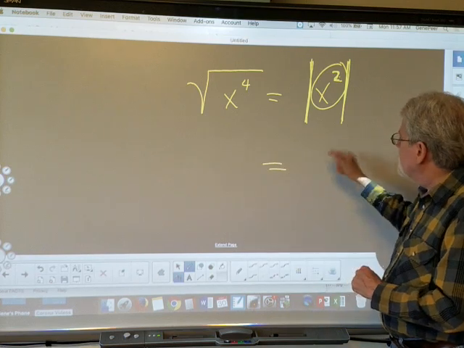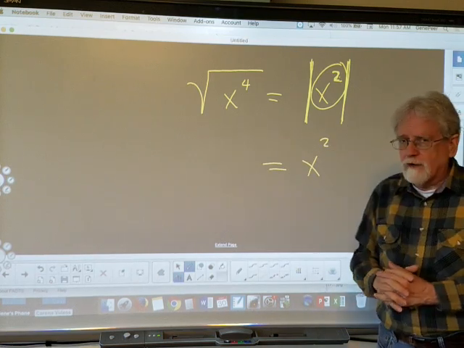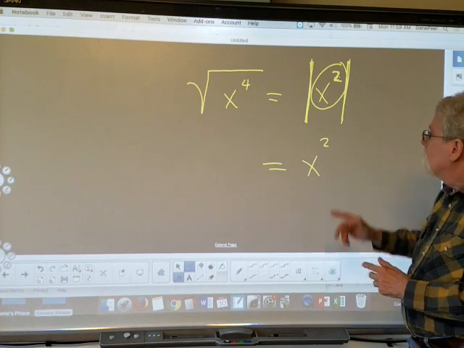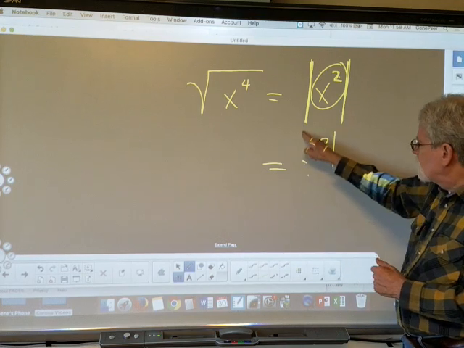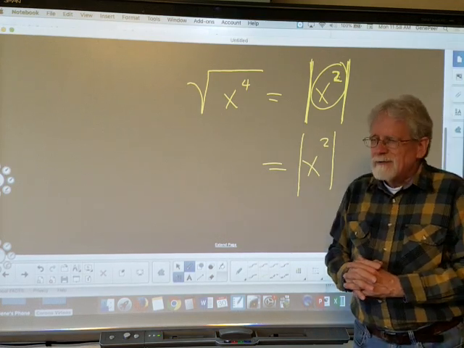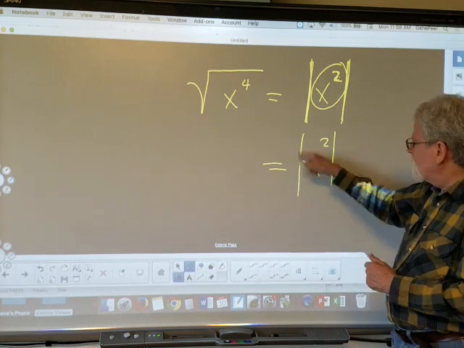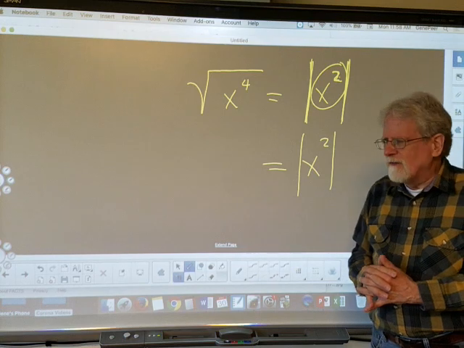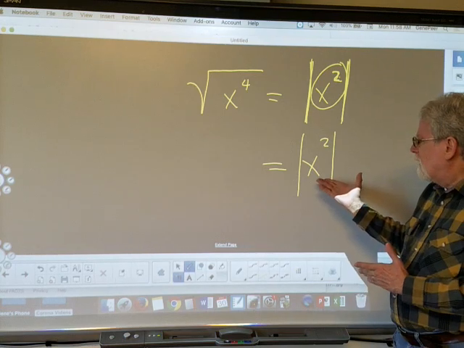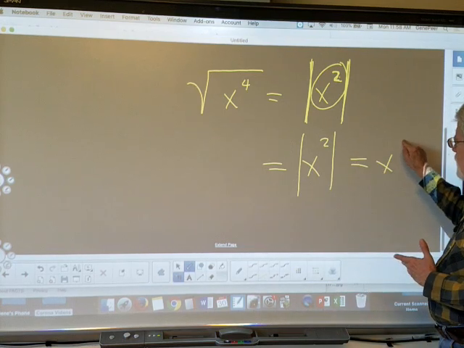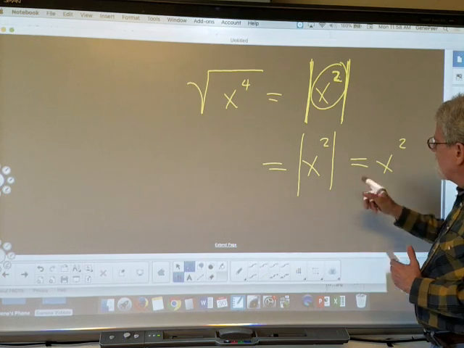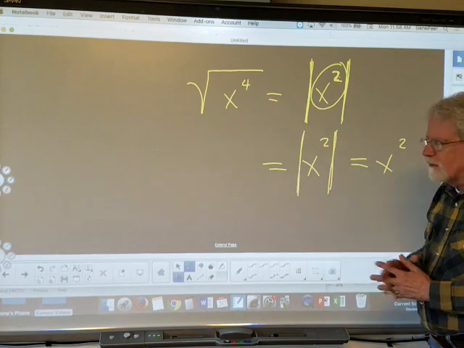So I could simply write x squared as my final answer. But if I do have absolute value, is that wrong? No. And have I ever taken credit off on a test for having that? I don't think I ever have. It's not truly simplified. Simplified is x squared. But having the absolute value there does not hurt.